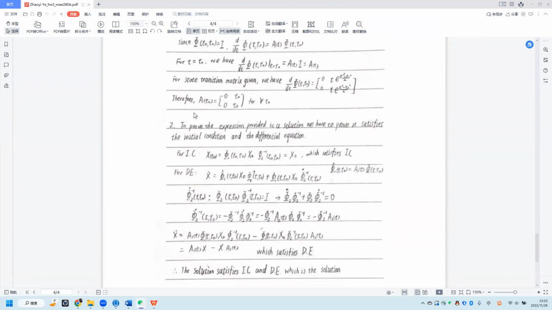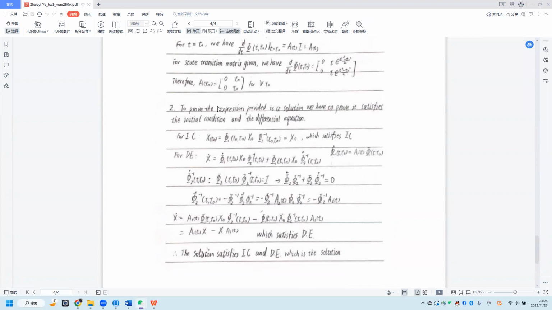The second part is to show that there is a solution. To prove that the given expression is a solution, we have to prove it satisfies two conditions: first the initial condition, and then the differential equation.